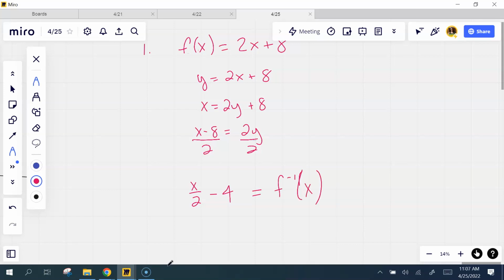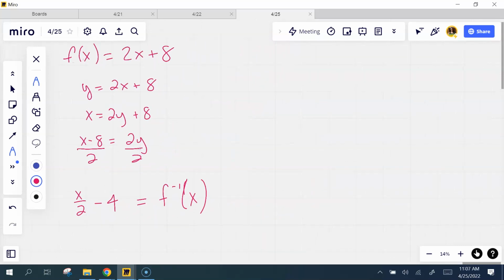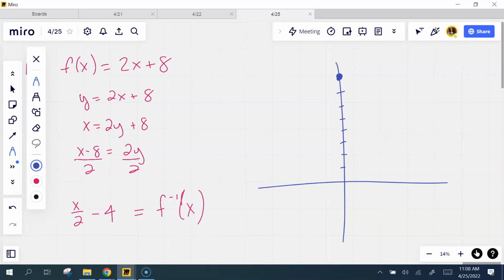But when you graph them, you can do whatever you want. If you want to graph the original line the way you know how, up to 8, what's the slope of that line? 2. So up 2 over 1.